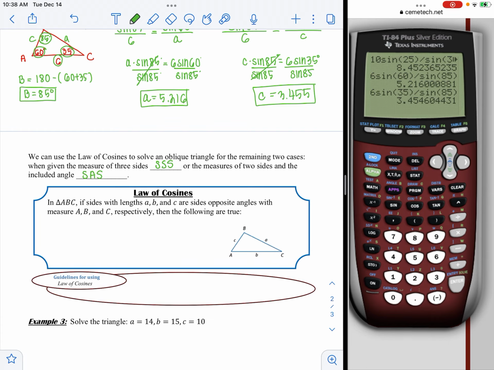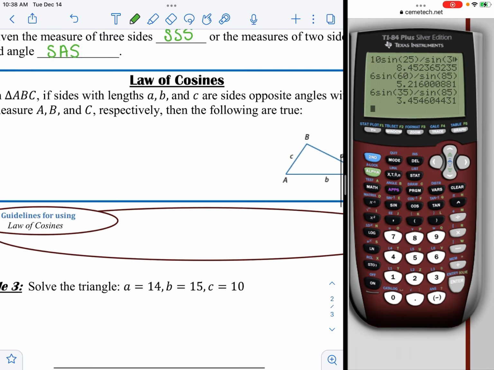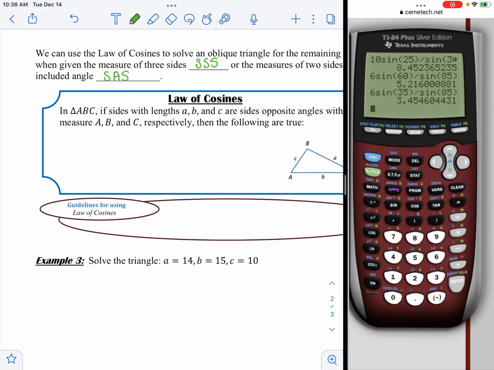All right, so here's what the law of cosines looks like. Same idea, angles A, B, and C, the sides opposite of them are the same as the angle name. The law of cosines says that if I was looking for angle A or side A, here's the equation I would use.